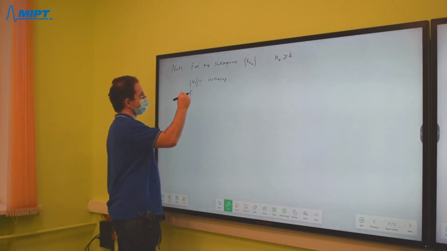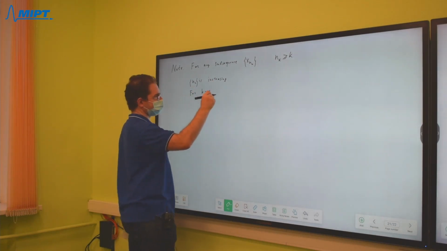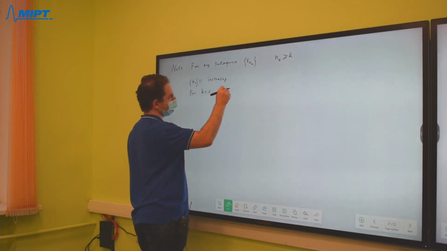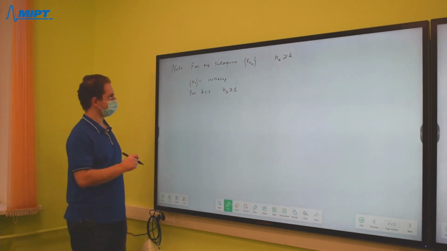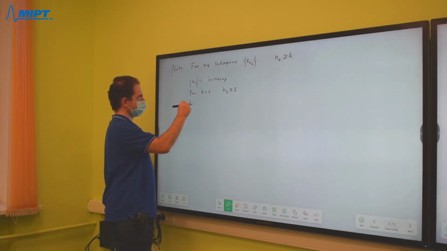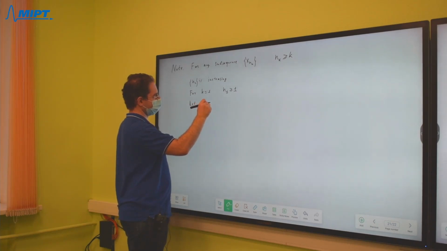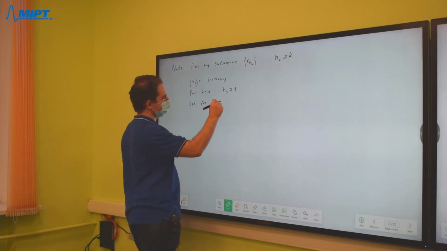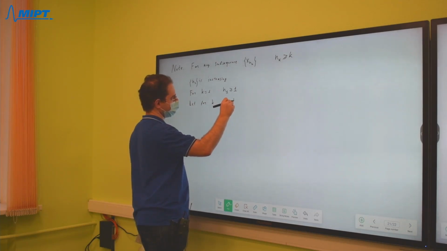For k equals 1, this is true, and n_1 is greater or equal than 1, since it's a natural number. And let, for some value k, n_k be greater or equal than k.